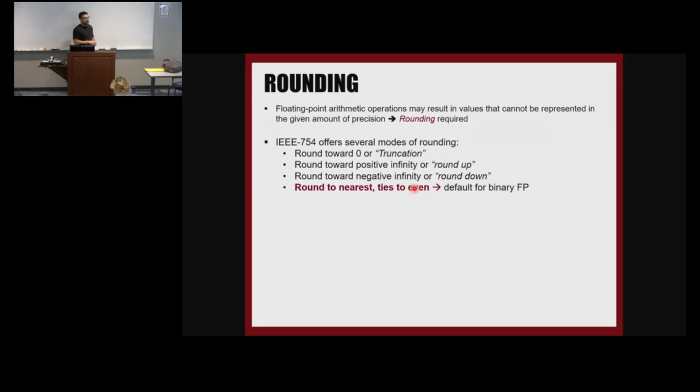We have round down, just make it a smaller number. And then we have, this is the confusing case, round to nearest ties to even. So you round to nearest, you're familiar with that one. But in case of a tie, we round it such that the least significant bit that we can show is an even bit. Now let's see how it works.